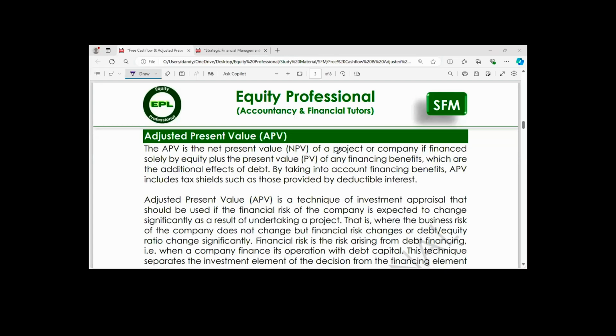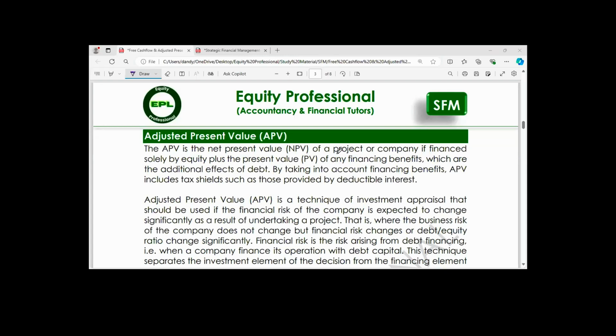However, what makes APV distinct from NPV is if in the question you are given issue cost or subsidized loan. This is because the net present value technique does not concern itself with issue cost or subsidized loan.